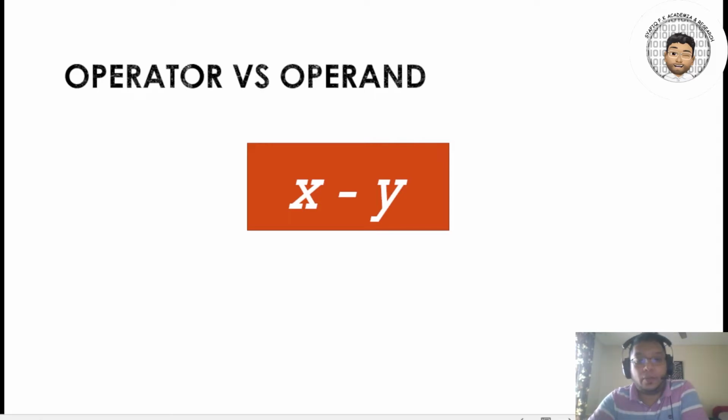When we talk about operator and operand, here we have an equation, x minus y. Can you see this x minus y?